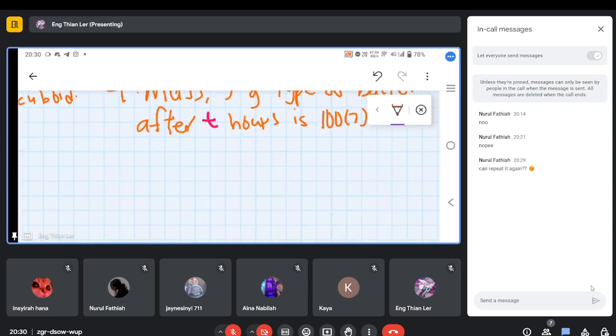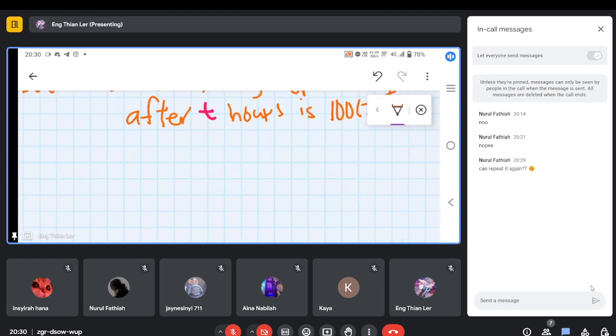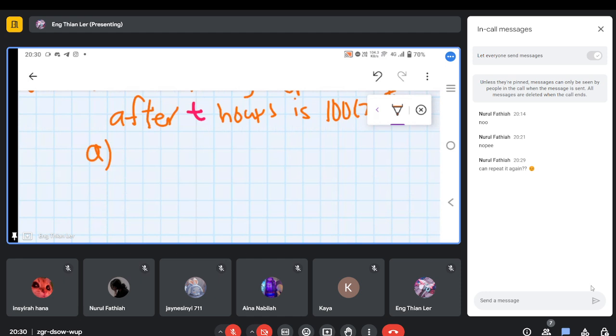Okay, so for part A, this had 3 parts. For part A, we need to find the initial mass of bacteria.